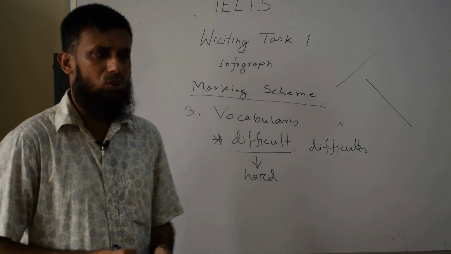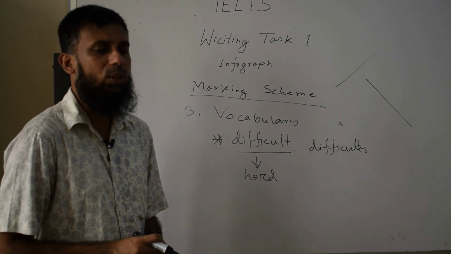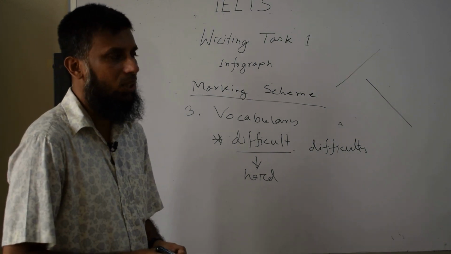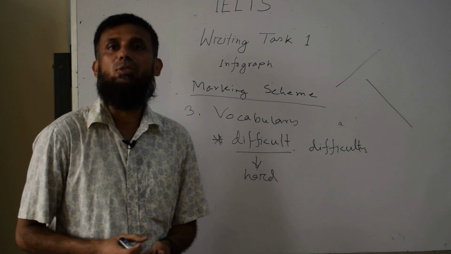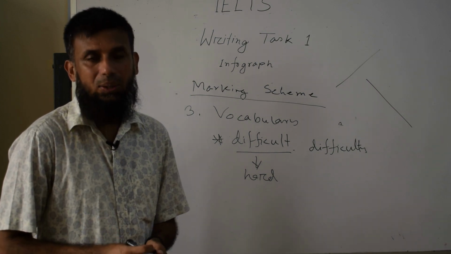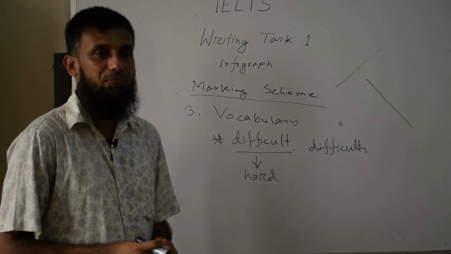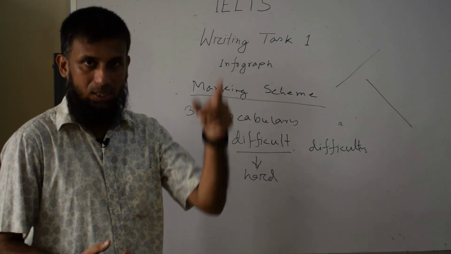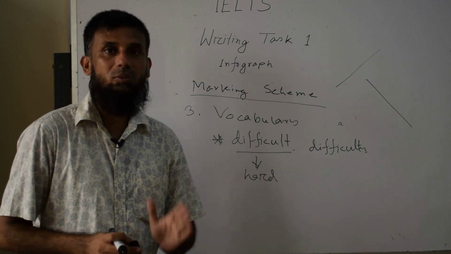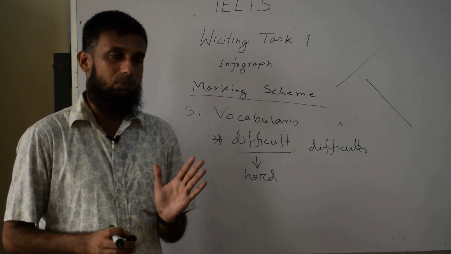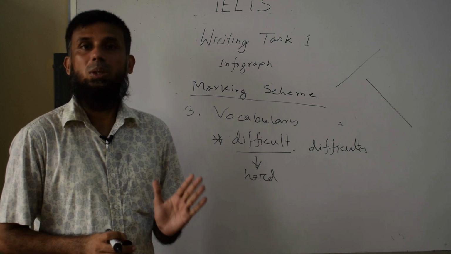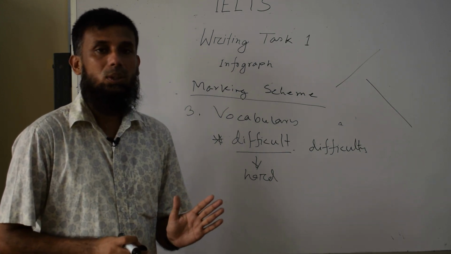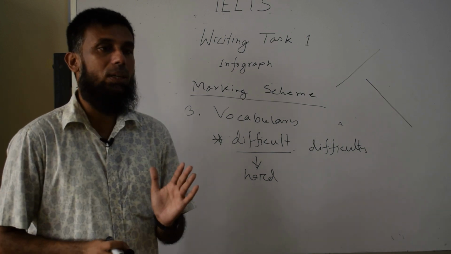You can have some nouns as well, like decline, increase, decrease, growth. You can have some adverbs like steadily, modestly, significantly. You can have some verbs as well, for example, declines, rises, grows. At the end of this video, I will append a slide having the most important nouns, adjectives, verbs and adverbs which you can use in your writing.